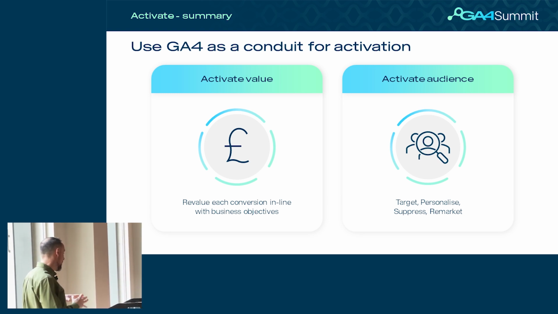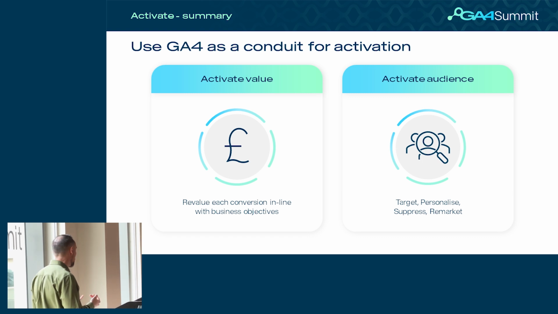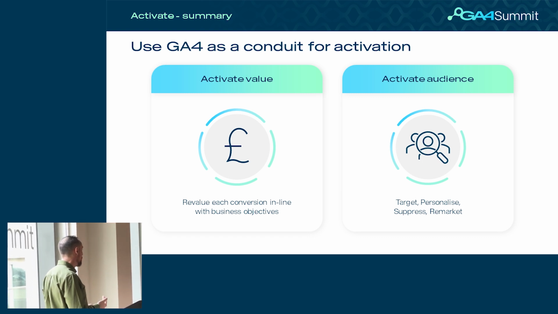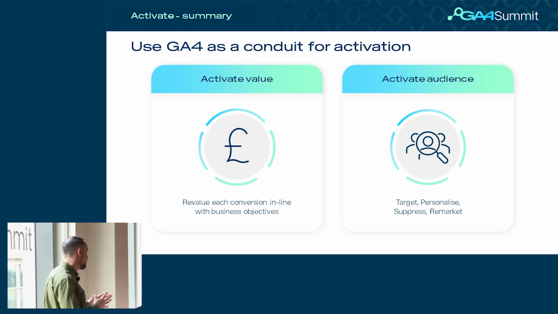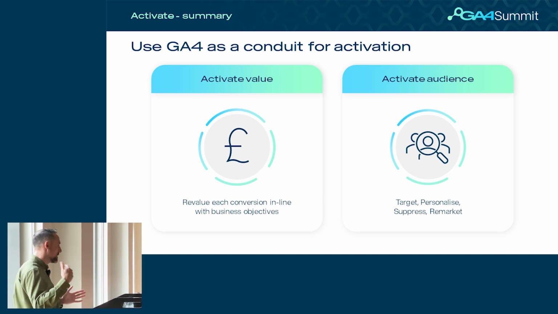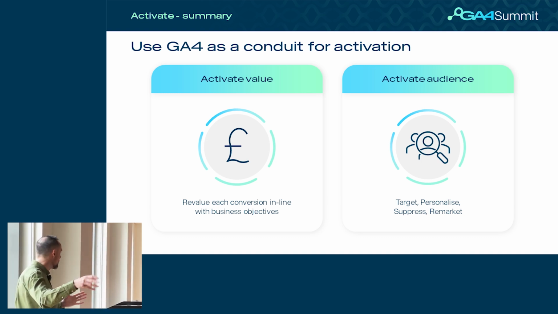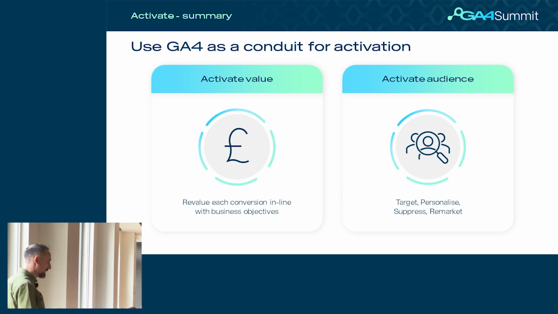It's about activating on value and then activating on audience. You can value anything, a user, a session, a form. And in terms of audience segments, you can map your segments from your CRM that you might have already mapped, and then replicate that in your Google advertising by utilizing this feature.